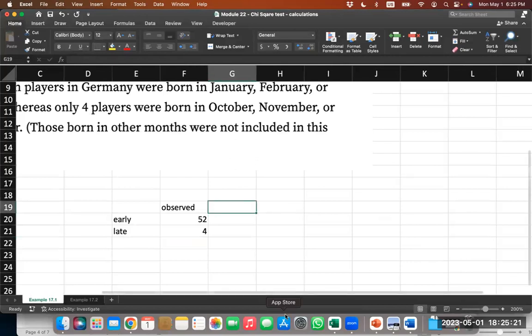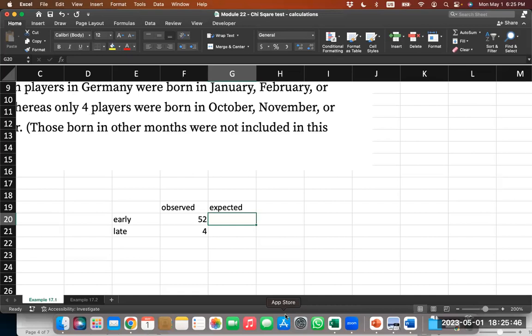And now we need something which goes along with the null hypothesis. So we need an expected count. If you would not assume that there's a difference between early and late, you would have an expected count of 50-50, right? So you have a total of 56 individuals, 56 soccer players.